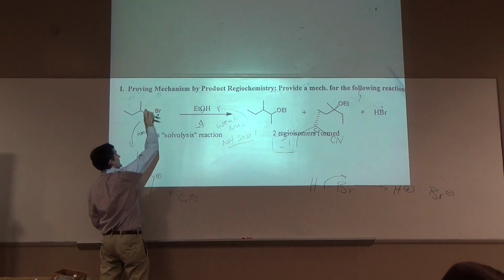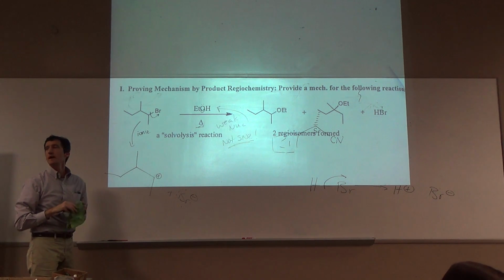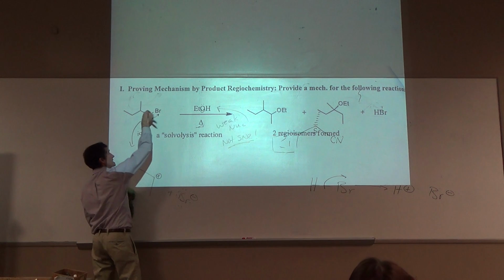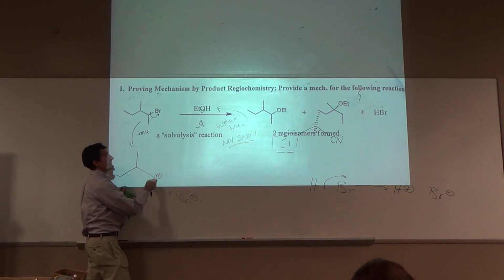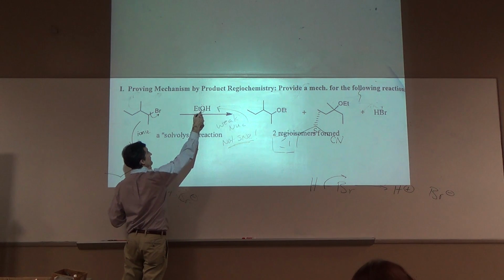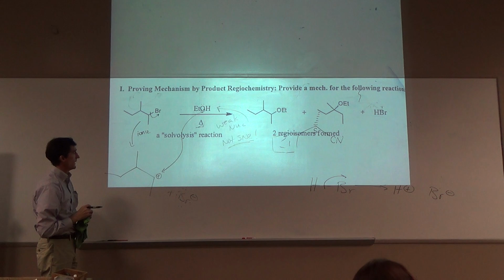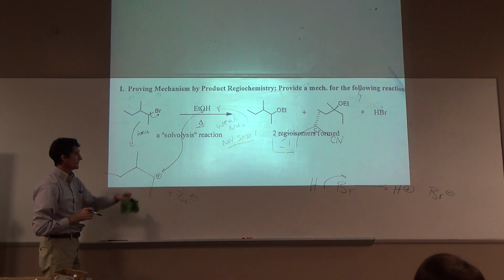It won't come in here and kick off the bromine. It ain't strong enough. But once we show the cation, then the ethanol will get off the sofa and it'll attack. Weak nucleophiles can easily attack the carbocation.